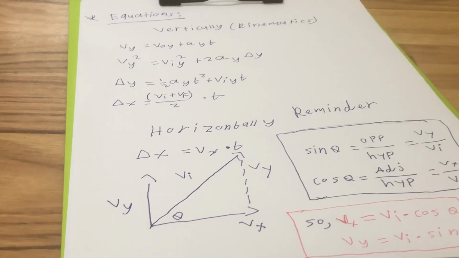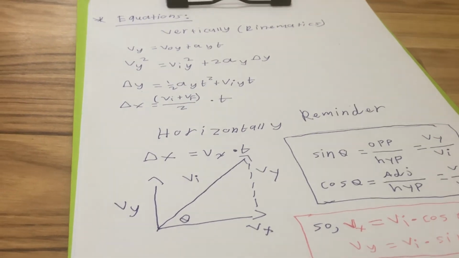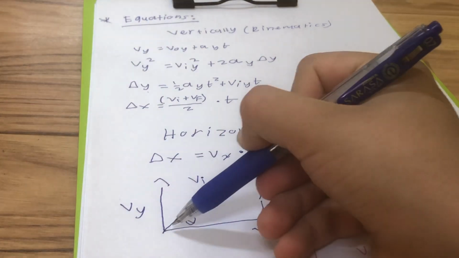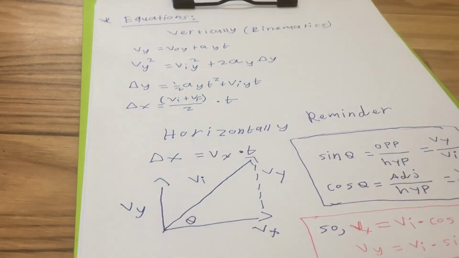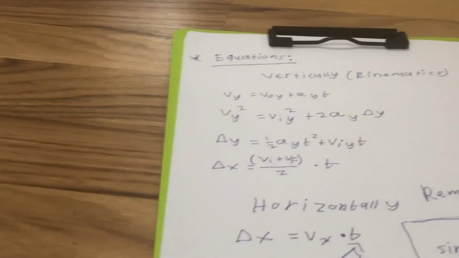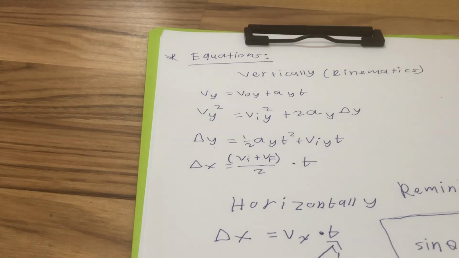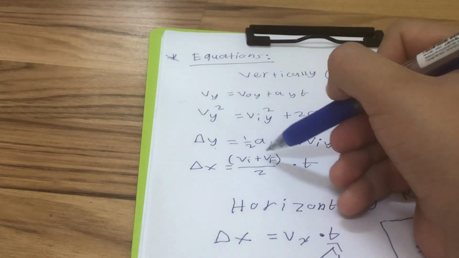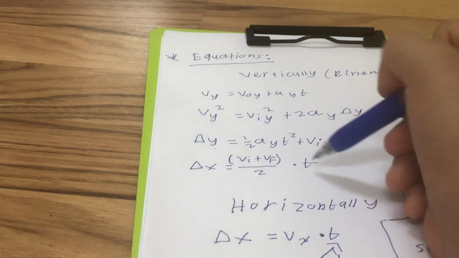Also we have a graph here, but not this graph. If we have a linear graph, we use this formula if the question says find the displacement, and you have the givens, v initial and v final, and the time.